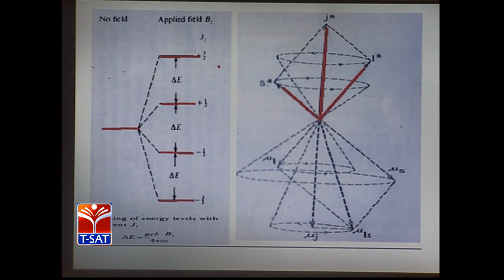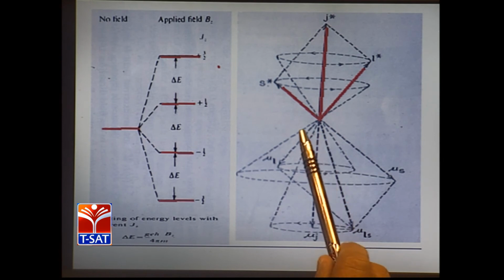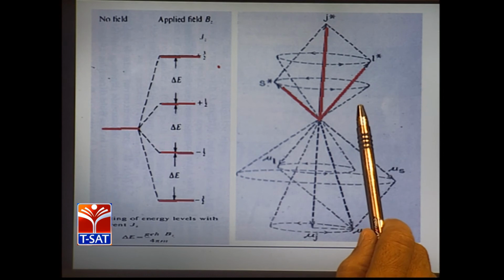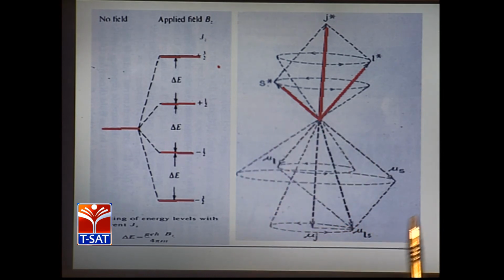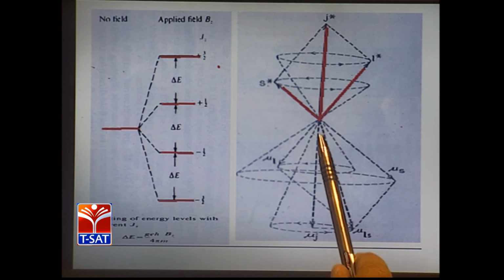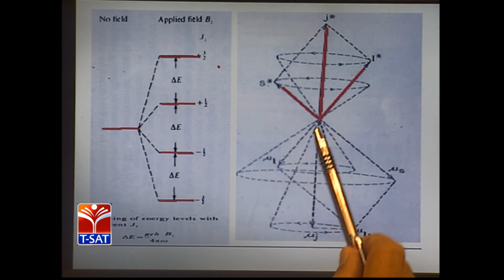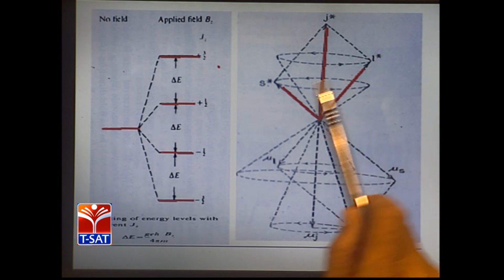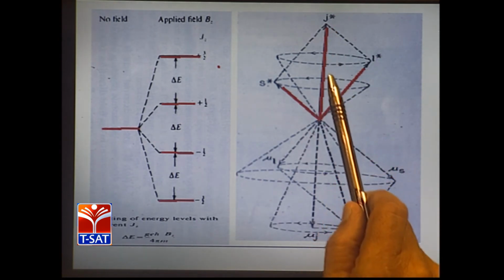Now what we observe is that the upper part is called the mechanical moment, and the lower part is called the magnetic moment. In the mechanical moment, the spin angular momentum and orbital angular momentum produce J, the total angular momentum.